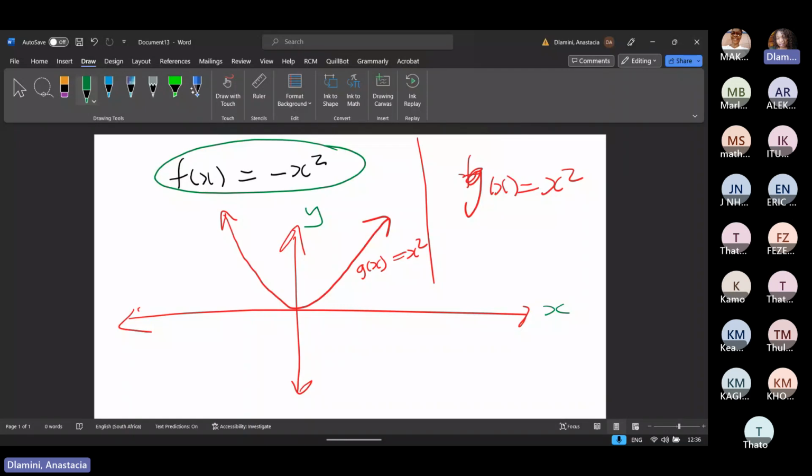So the x-axis acts as a mirror. Do you understand? You can try it even on a piece of paper.